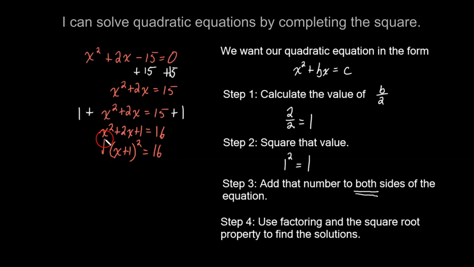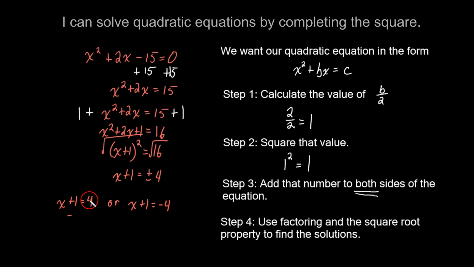Now we can take the square root of both sides of this equation, which gives us x plus 1 equals plus or minus 4. So x plus 1 equals 4, or x plus 1 equals negative 4.